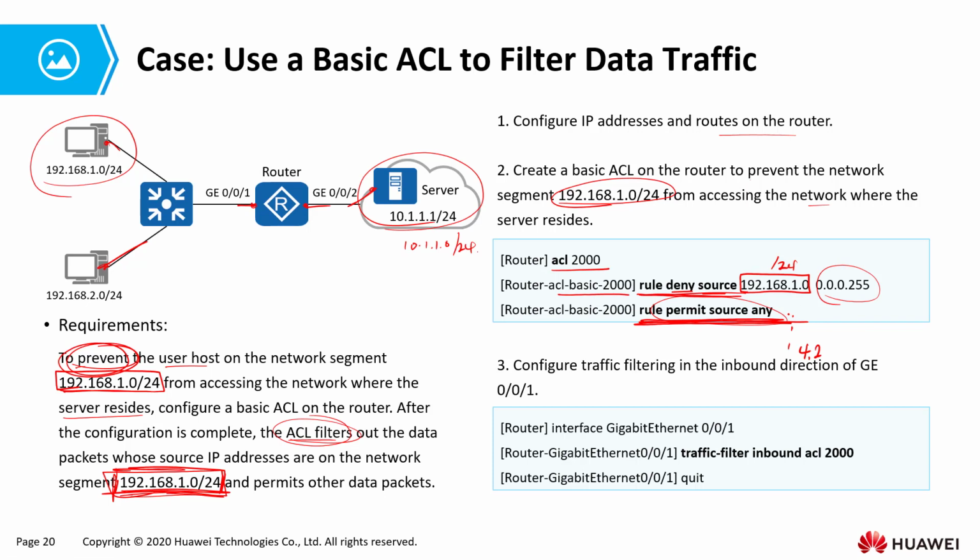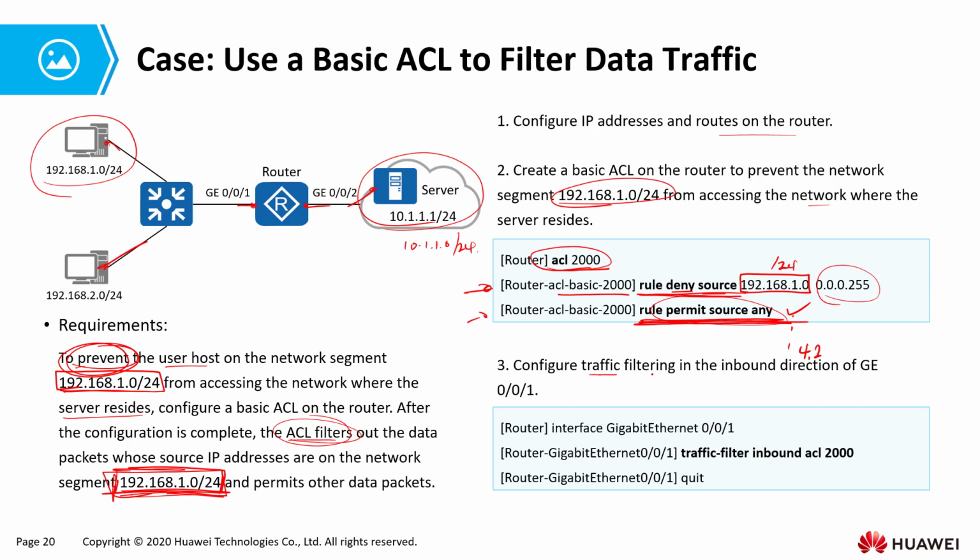That means that this rule will be executed before the implicit rule at the bottom of every ACL. After creating the ACL, getting into the ACL view, and configuring the rule to deny and also the rule to permit the rest of the traffic, we will apply the ACL to a traffic filter, or we will invoke the ACL using a traffic filter.